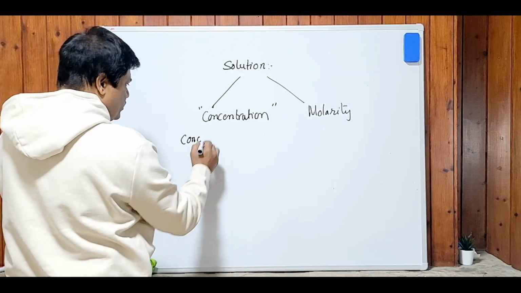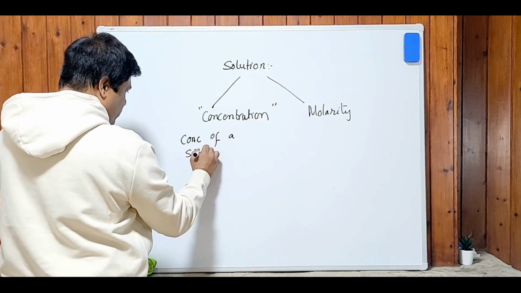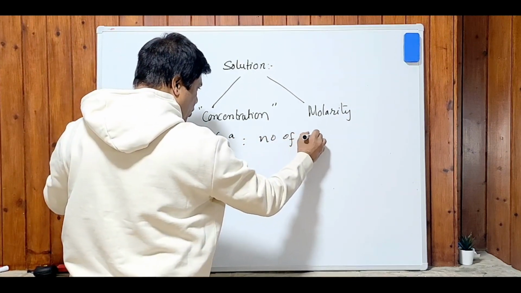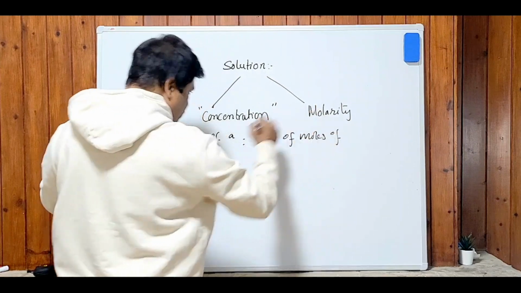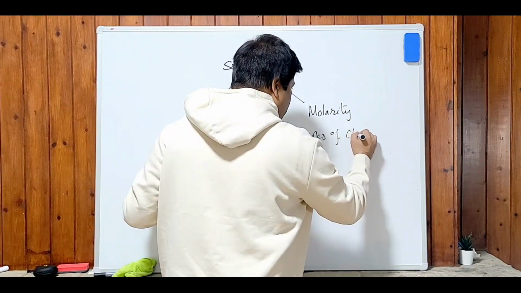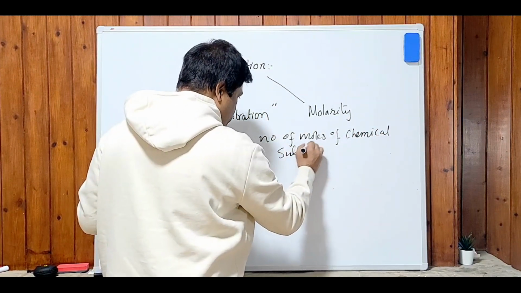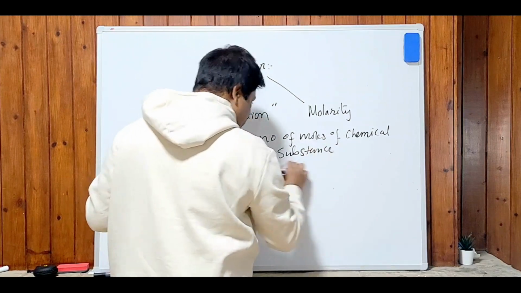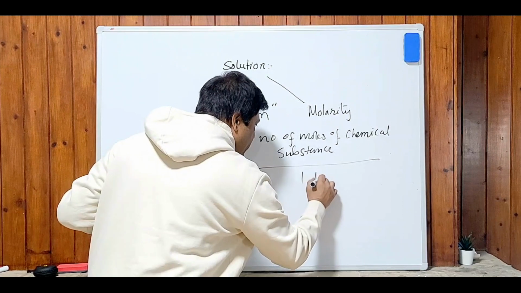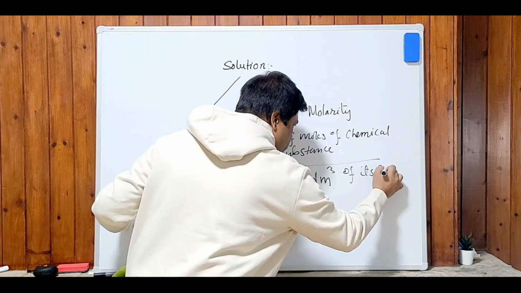Conc of a solution is nothing but the number of moles of a solute or any chemical substance present in 1 dm³ of its solution.